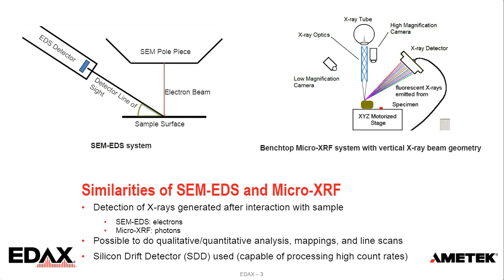In this case, it can eliminate any shadowing caused by the sample topography. And also the X-ray beam has the same dimensions in both X and Y directions. And you may see some other X-ray optic geometry, like the X-ray optic is mounted on the side, just like the X-ray detector.